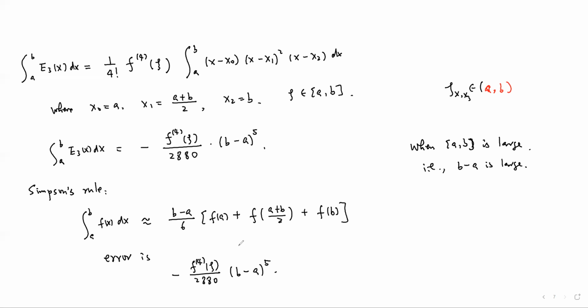Then how to solve this problem? Cut the interval AB into subintervals, each subinterval with length less than 1. In this way, we obtain the composite Simpson's rule.